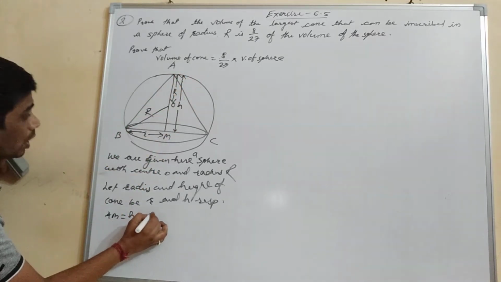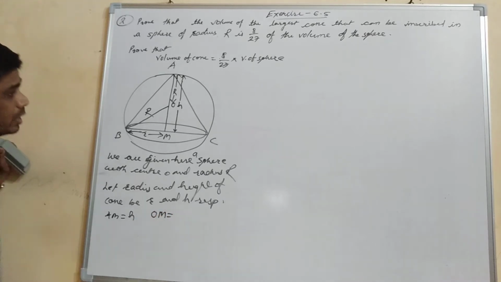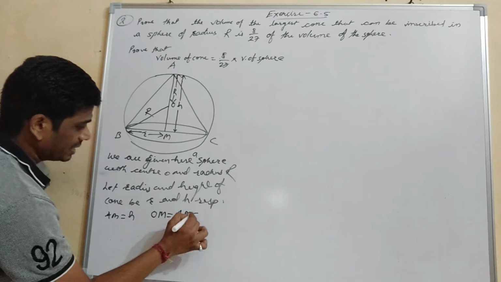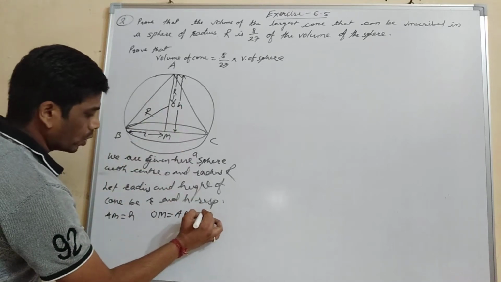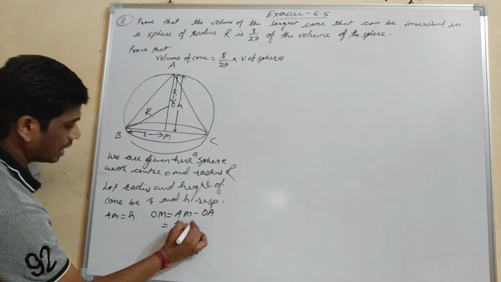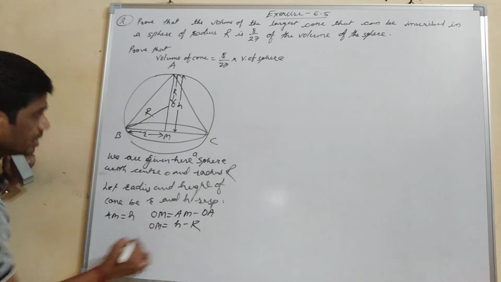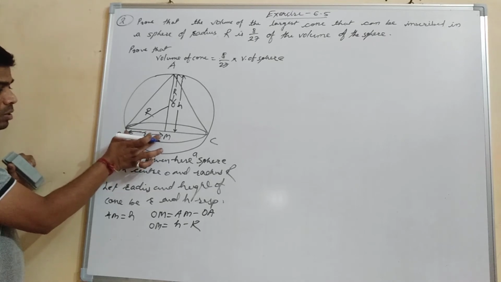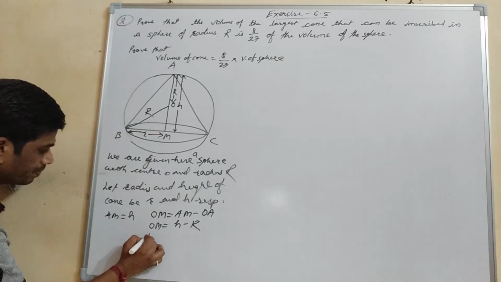So OM will be equal to AM minus OA. So it will be h minus capital R. This will be OM. And the radius of a base of a cone will be what? BM.